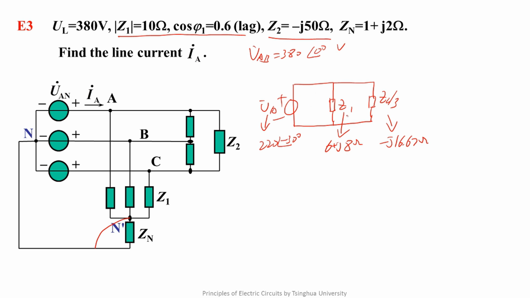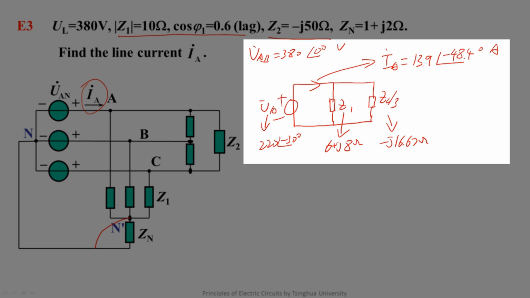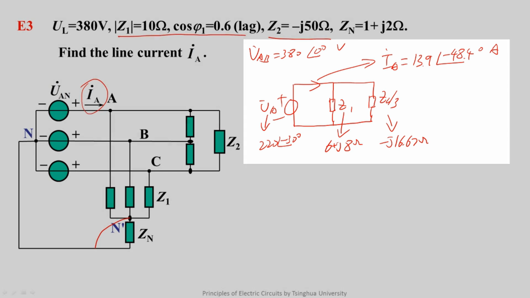From this circuit, we can easily get IA. This is the phase A circuit of the star connection, so the phase current equals the line current. IA equals the line current IA. Thus, we've completed the analysis of the whole circuit.